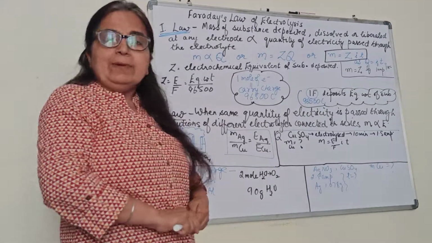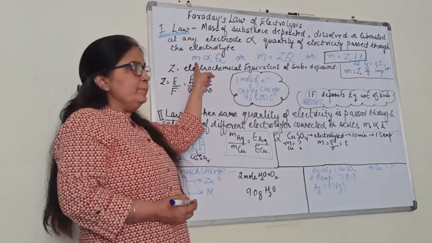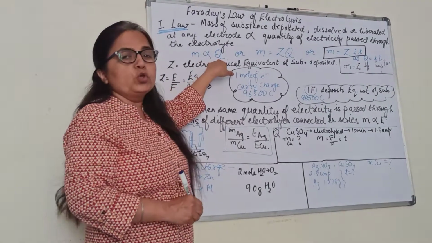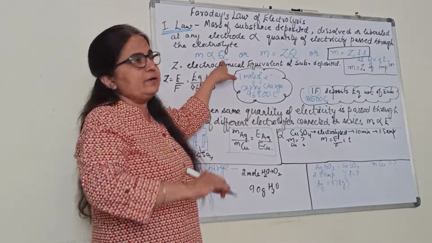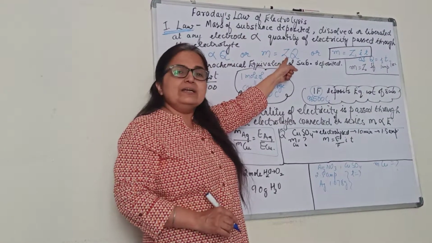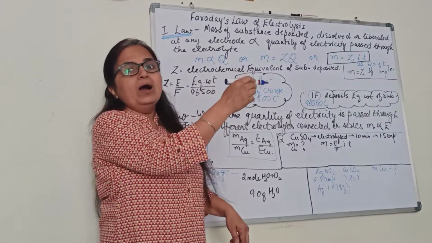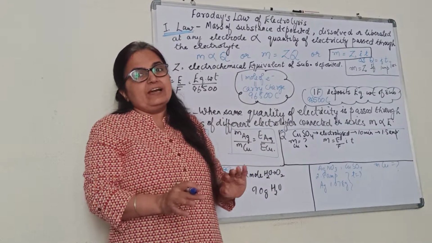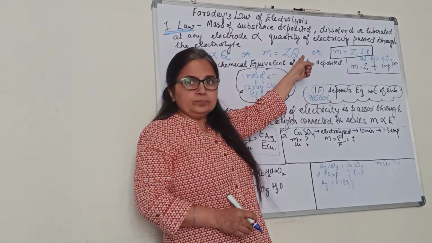So we can mathematically write the first law of Faraday as M, the amount of the substance deposited, is directly proportional to Q. I can remove the proportionality sign and put a constant. That constant is Z. It is called the electrochemical equivalent of the substance. That means for different substances that Z will be different. So M is Z into Q.